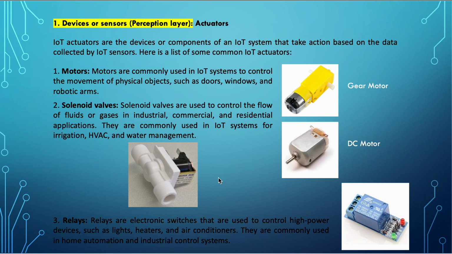If the pumps are very powerful, think about pumps that distribute water to a whole city, or pumps that send gas and oil for maybe thousands of kilometers. When using those motors, we can also use relays as well. So you can see that a set of actuators are working together in an IoT system.